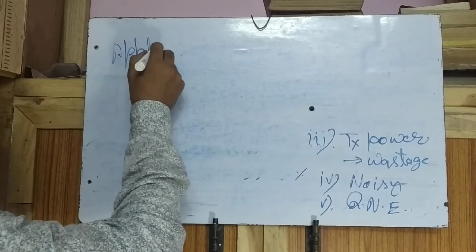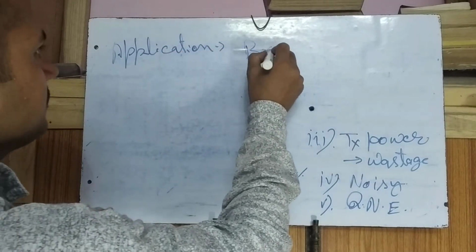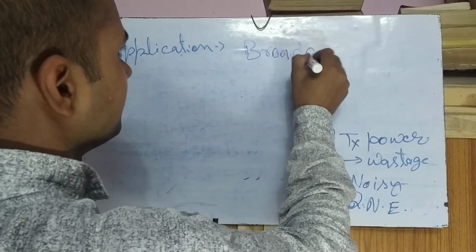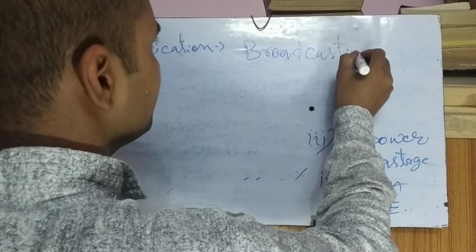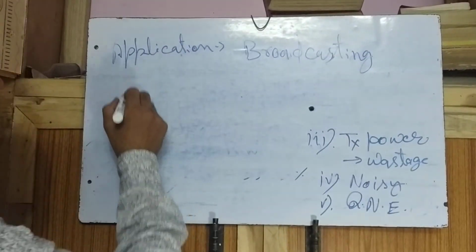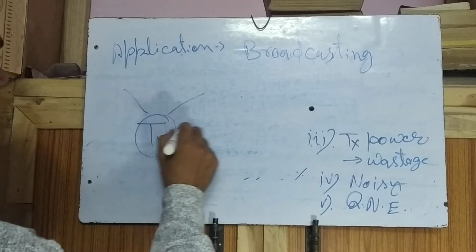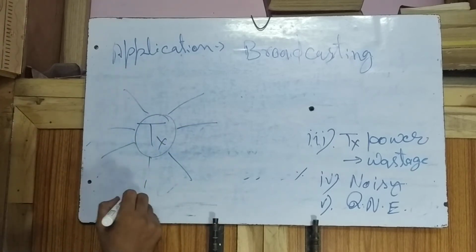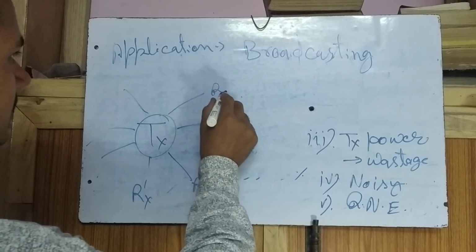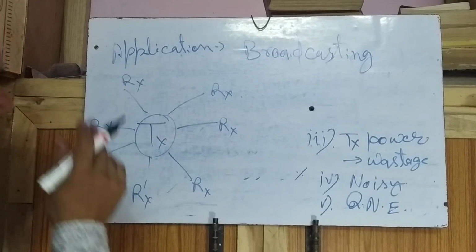It is point to multi-point: this is the transmitter and we are receiving at many points, the receivers. Consider that these receivers are common band.